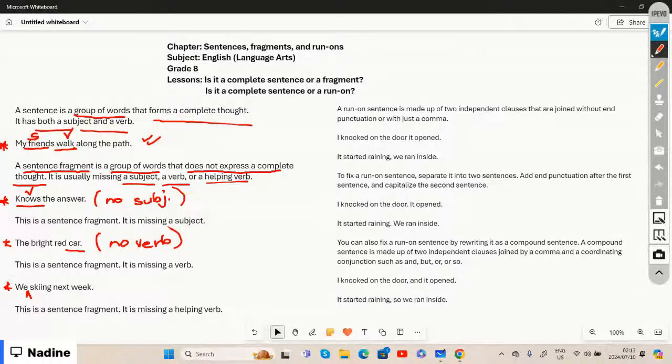We are either saying we are skiing next week, but it is missing a helping verb. So there's no helping verb. Which means that if it's missing a subject, a verb, or a helping verb, then we say that this is a sentence fragment.